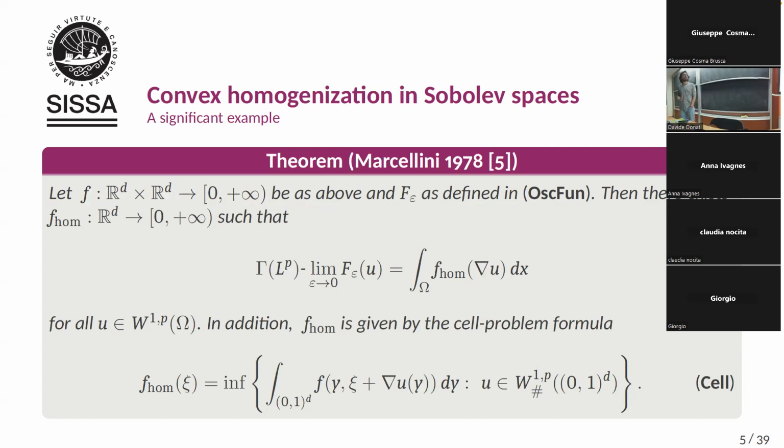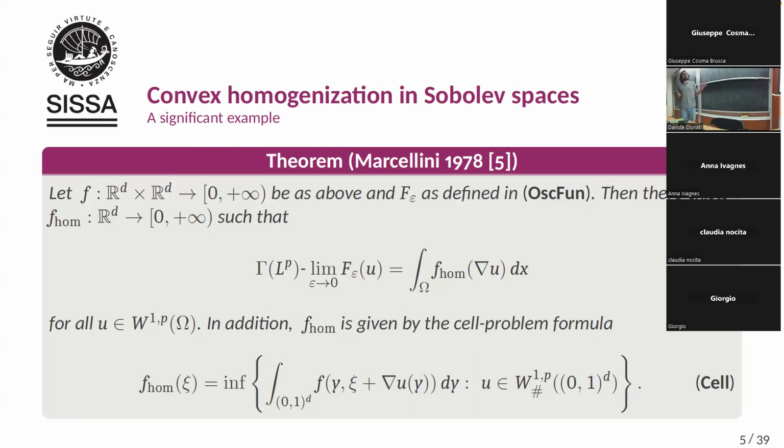The first known result on this subject was proved in 1978 by Marcellini, and says that basically if f is as above, and f_epsilon are the oscillating functionals that we defined before, then they will converge in the strong topology of L^p to an integral functional with a function f_hom that doesn't depend on the spatial variable anymore, but only depends on the gradient.